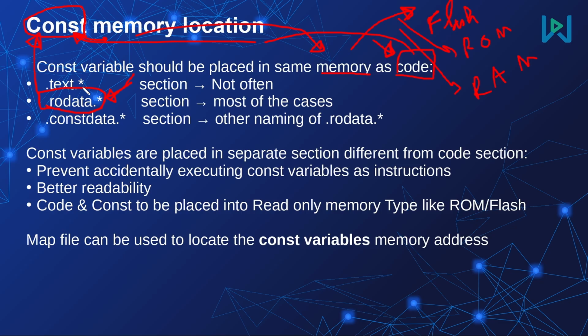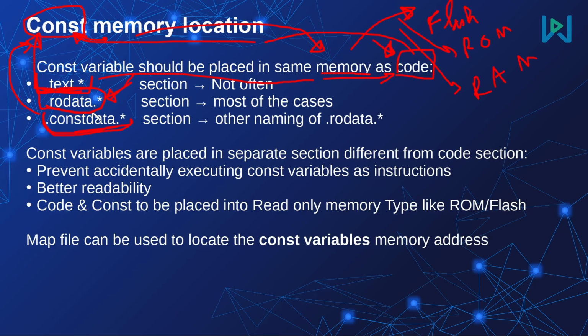However, and this depends on your toolchain and compiler, the linker may place those const variables as part of the text section. So this is the same section as your code. Or it may use basically this const data section label to mark your const variables instead of the read-only data.